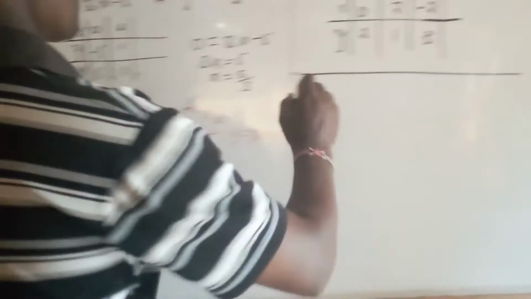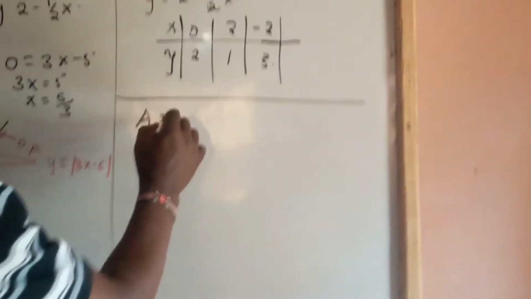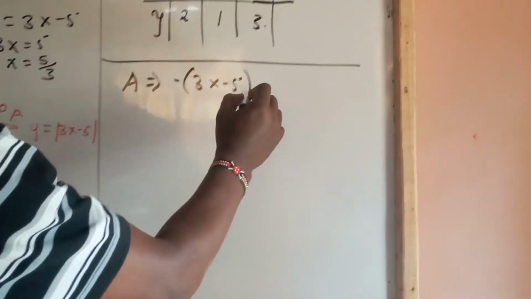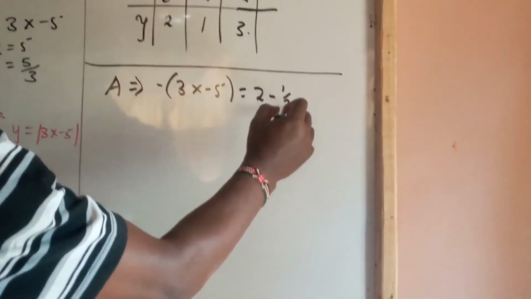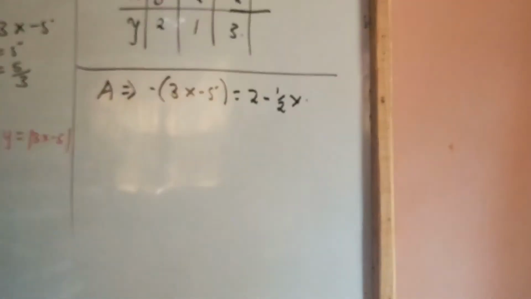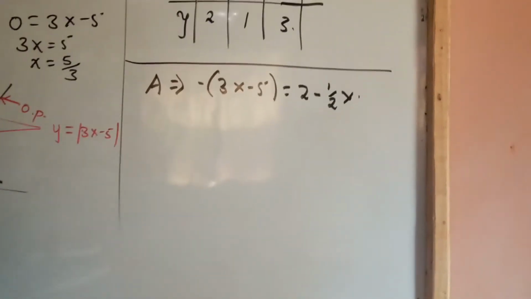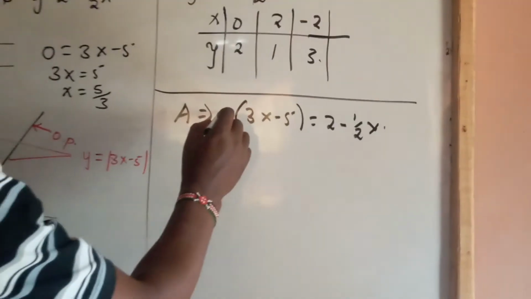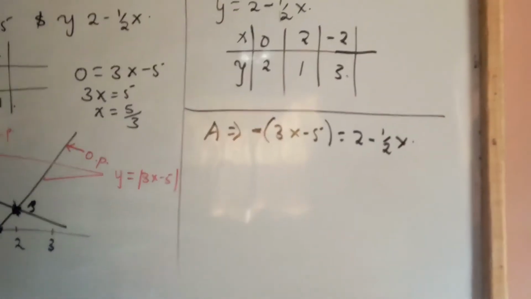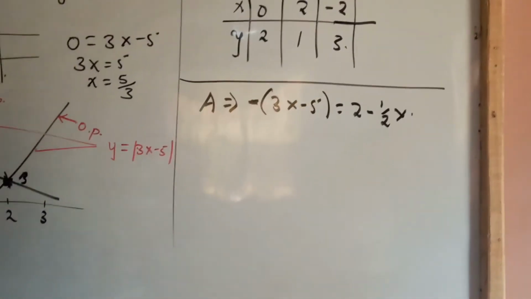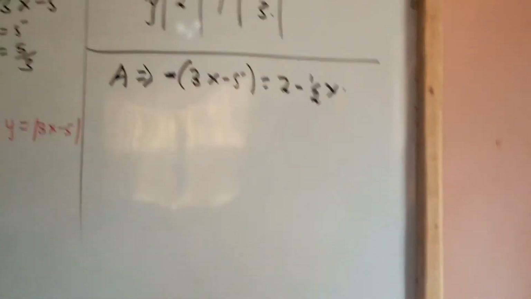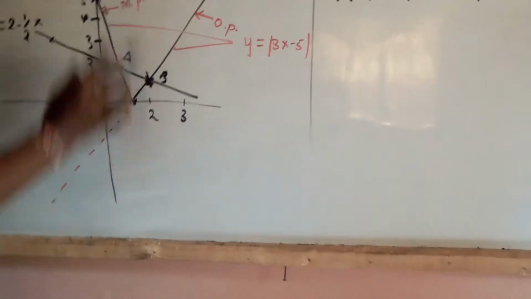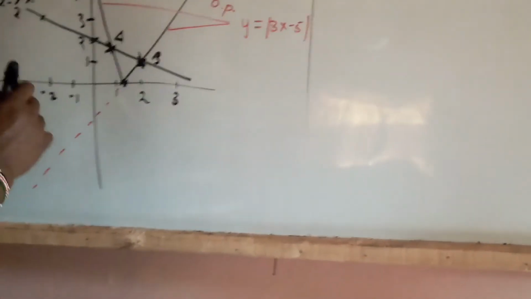So at point A, we have -(3x - 5) = 2 - (1/2)x. Because it is the modulus part, we have to bring the negative sign, since the line was supposed to be produced this way, only that there's a reflection along the x-axis.